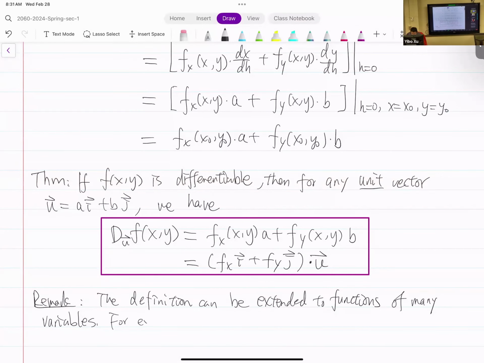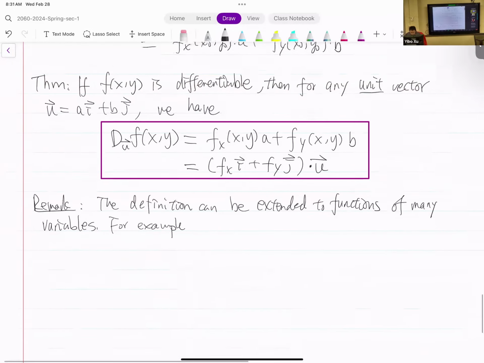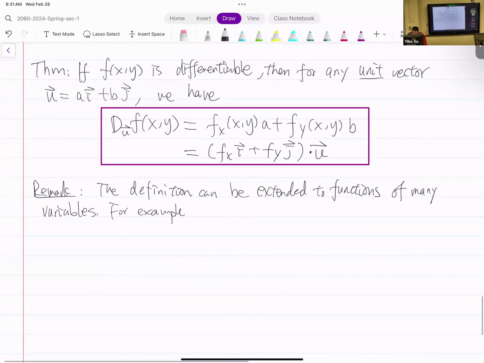For example, here we give another definition.